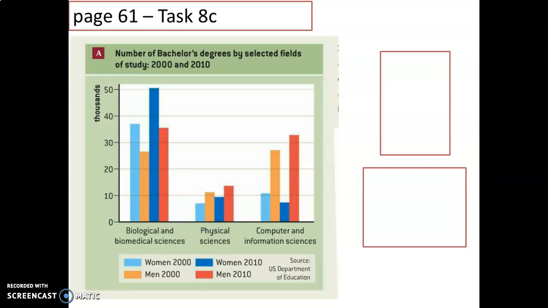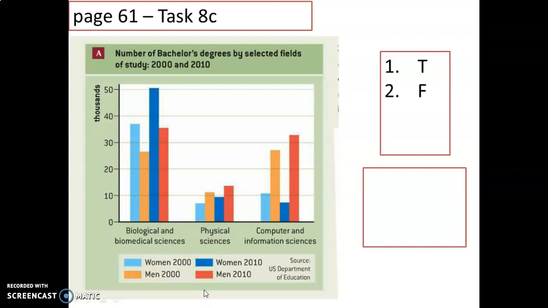Okay. Now, the first one is true because the number of men is given in orange, as you can see here.